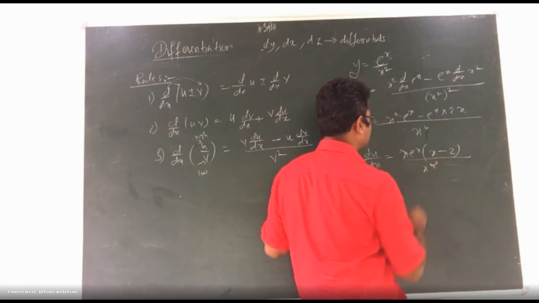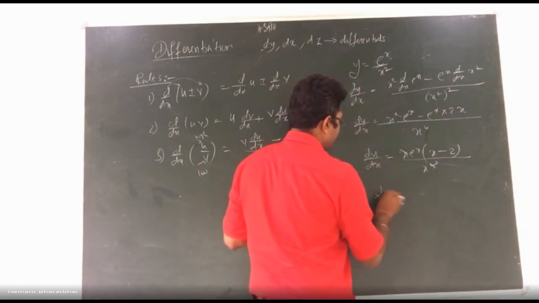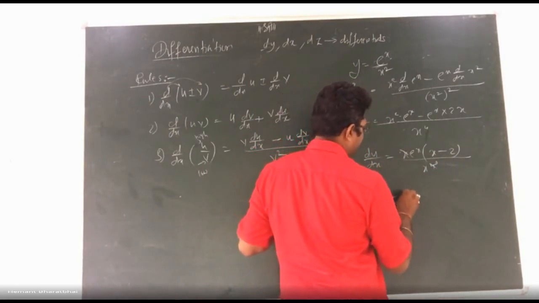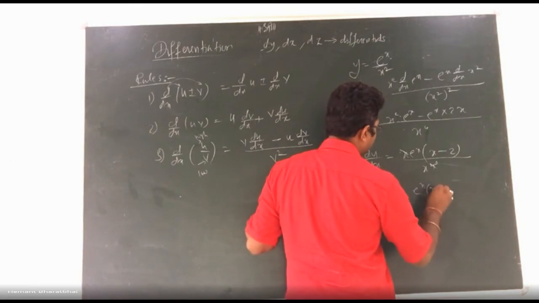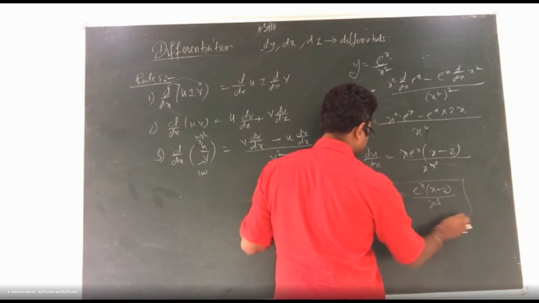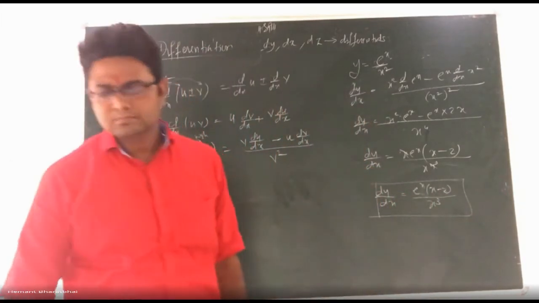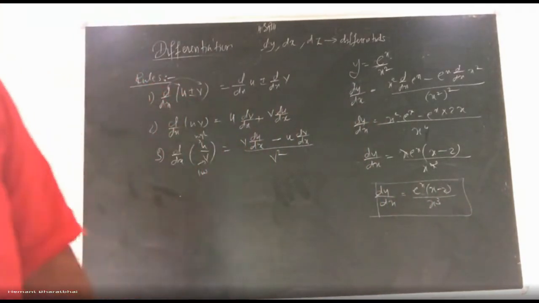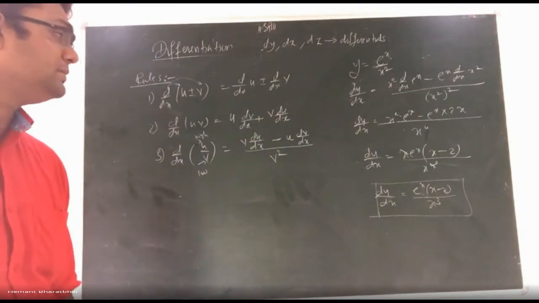So one x gets cancelled, so I get dy/dx is equal to e raised to x into (x minus 2) upon x cubed. So this is the value of my derivative.